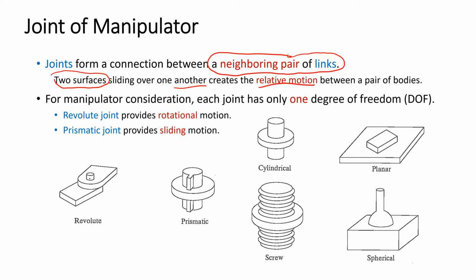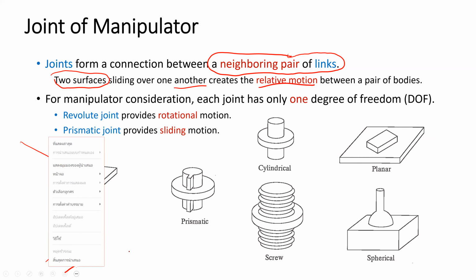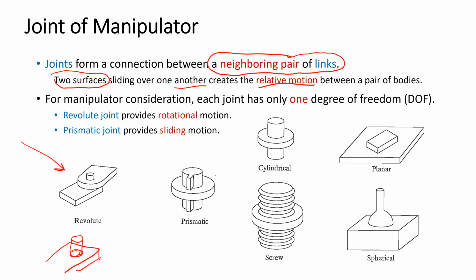Let's check the revolute joint here. The revolute joint will have a first part that has a pin. This pin is put into a hole of the second part.